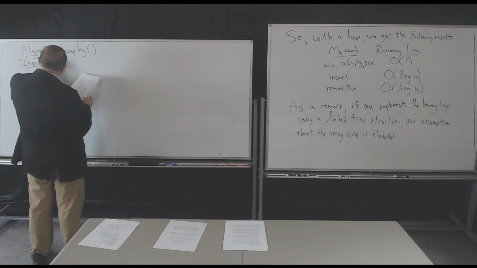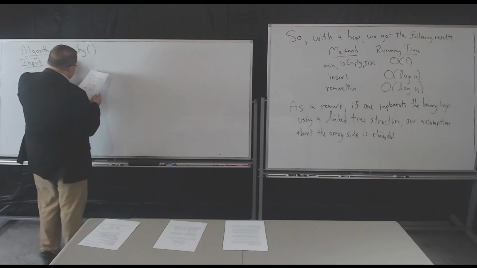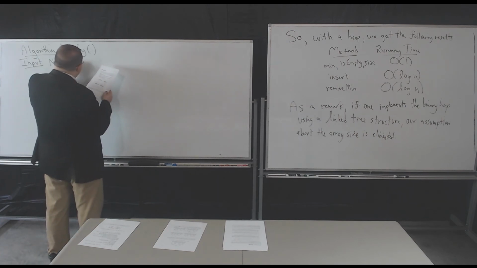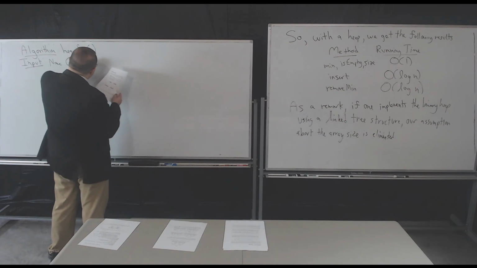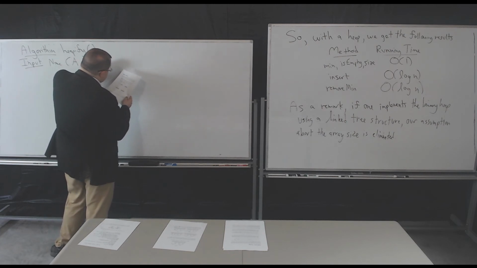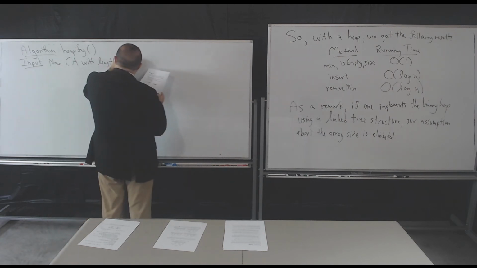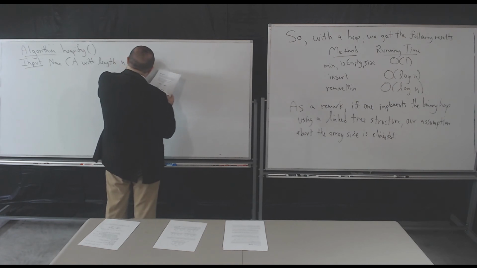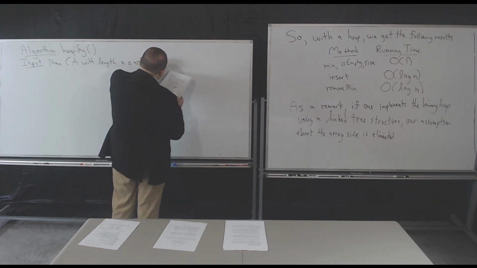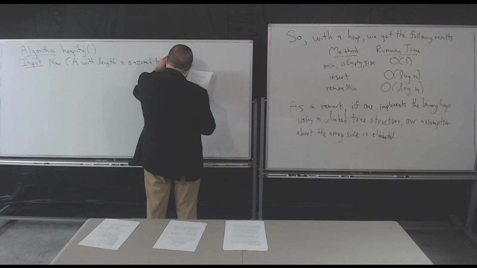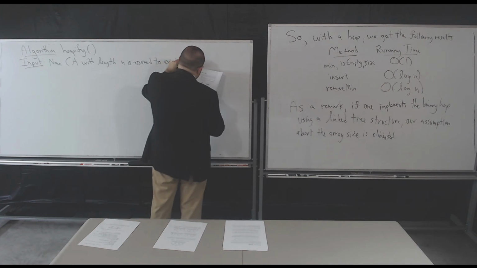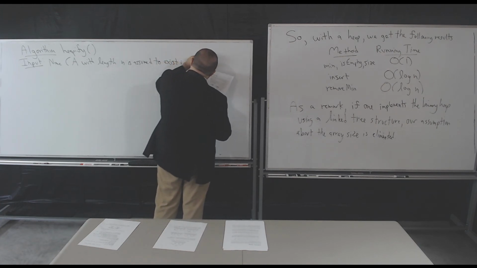So I'm just going to say none: A with length n is assumed to exist in the priority queue.